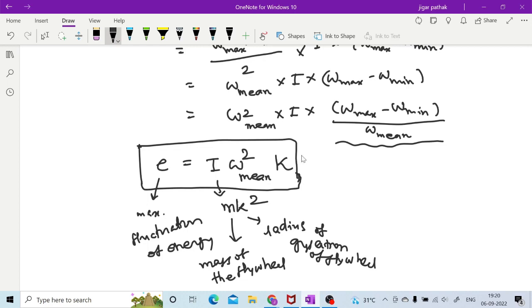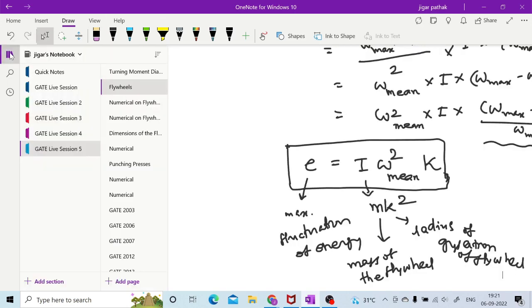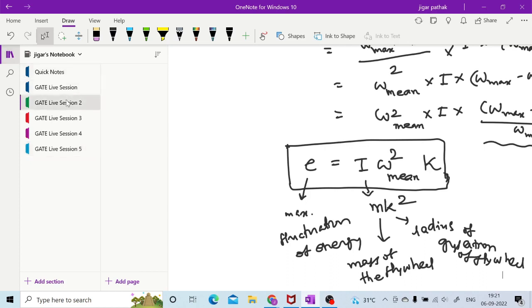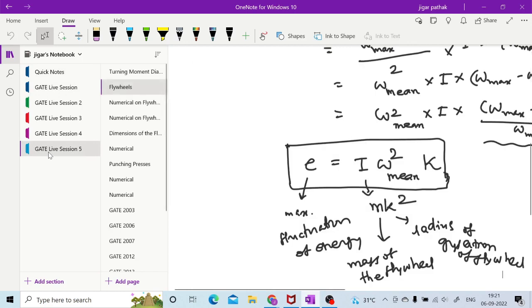Omega mean you know, K you know. So these are some of the important things you have to know, right? So this is how this equation is derived for the relation between maximum fluctuation of energy, inertia of flywheel, mean speed of flywheel and coefficient of fluctuation of speed.